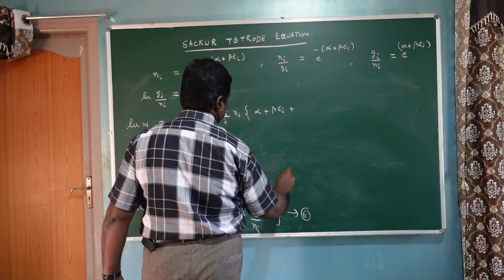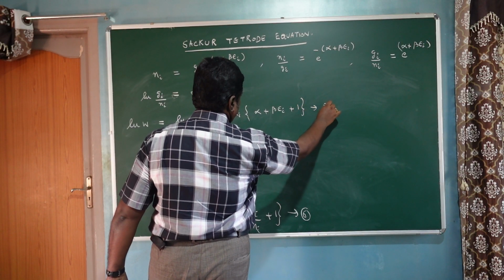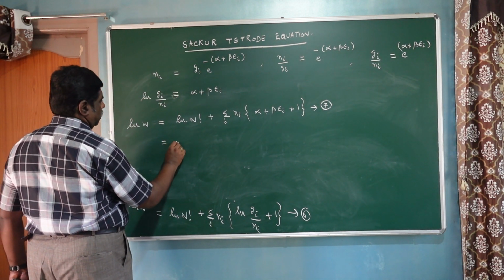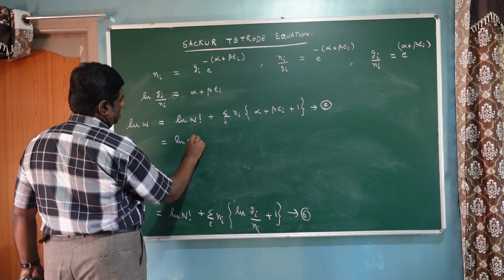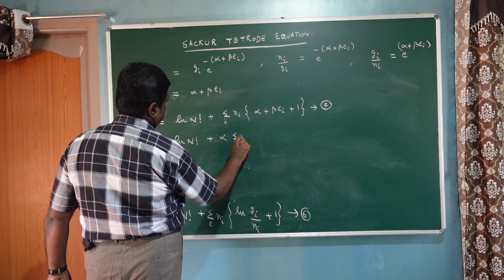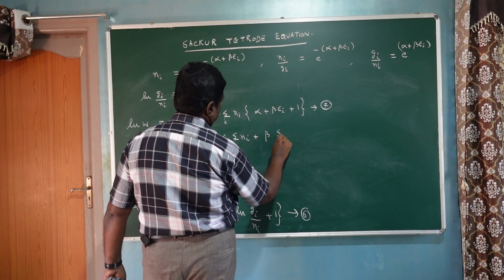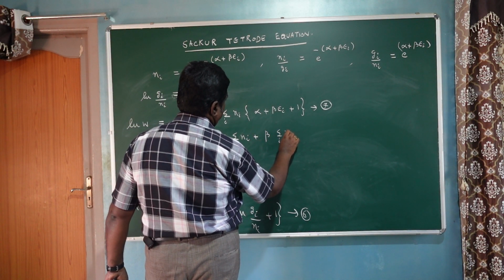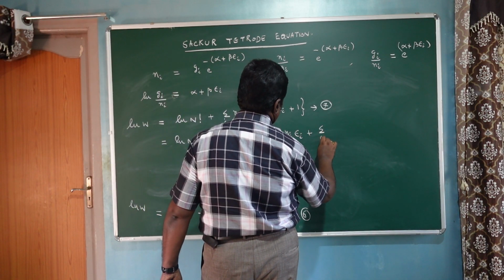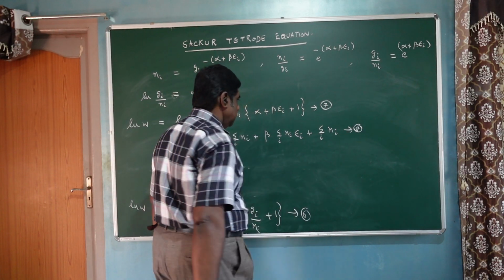Then write the one as such. So this is equation number 7. Then this is modified as ln N factorial plus alpha into summation over i of Ni plus beta summation over i of Ni Ei plus summation over i of Ni. Say this is equation 8.